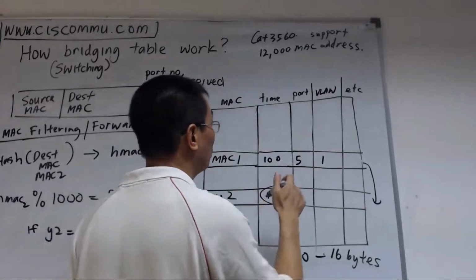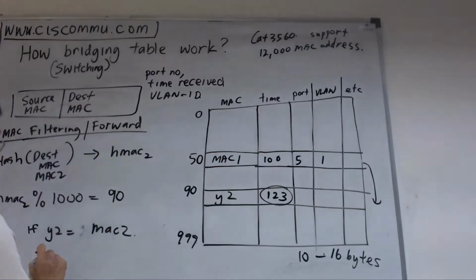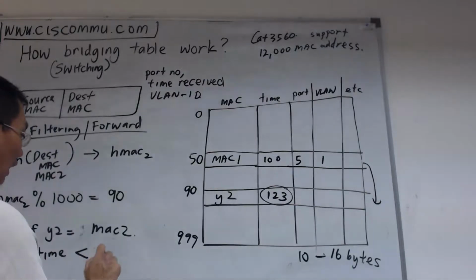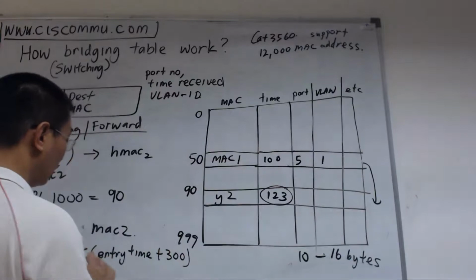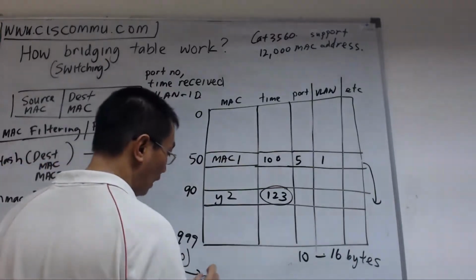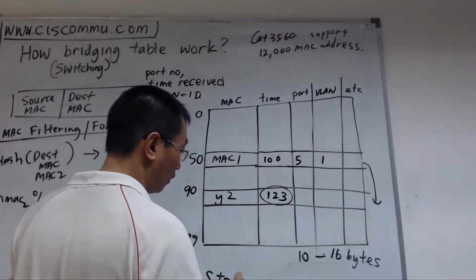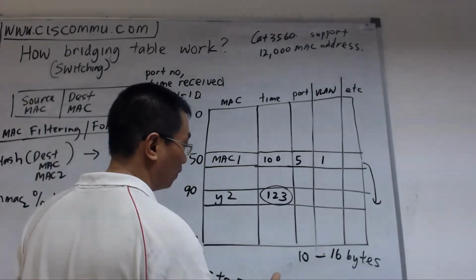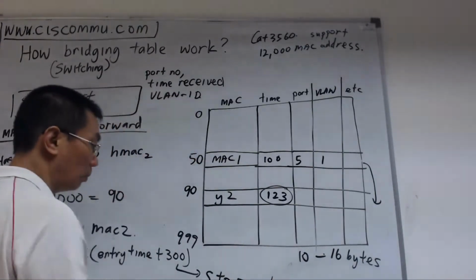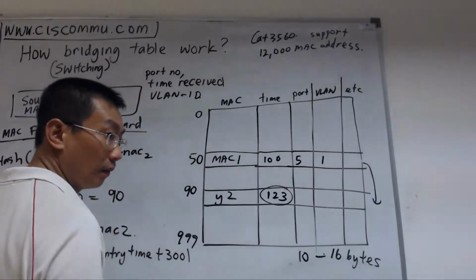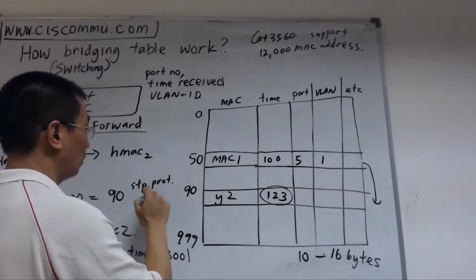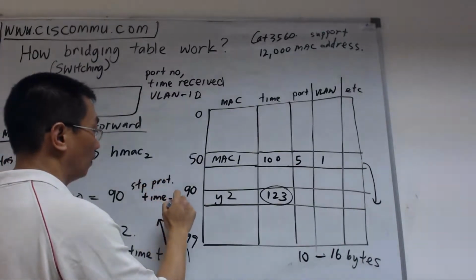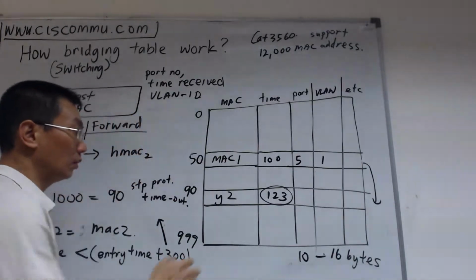The time must be less than the entry time plus 300 seconds. 300 seconds is the Spanning Tree Protocol 5-minute timer.